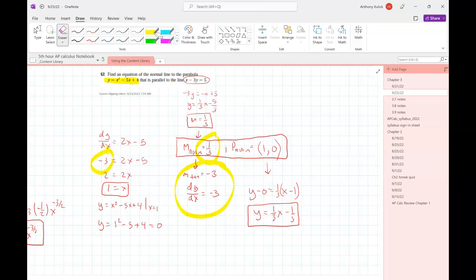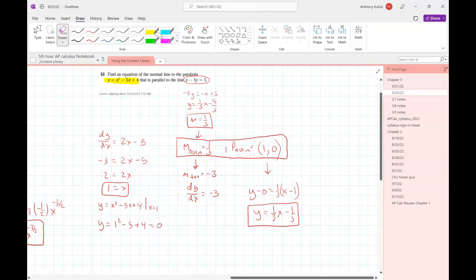So on this problem, because we're dealing with a normal line instead of a tangent line, we had to figure out the slope that we needed to plug into the derivative. We had to do this piece where we flipped it. You can skip that if you're just looking for a tangent line that's parallel to another line. So instead of finding the normal slope here, you're finding the slope for the tangent line, because parallel lines have the same slopes.